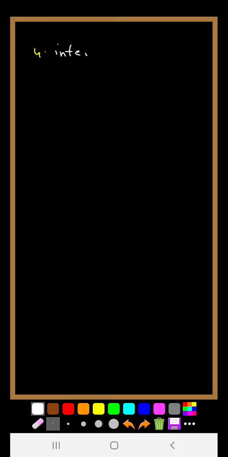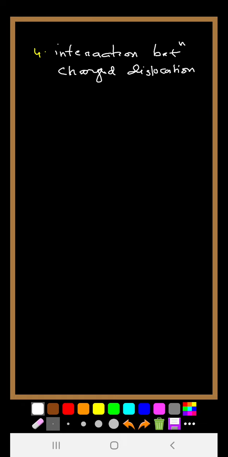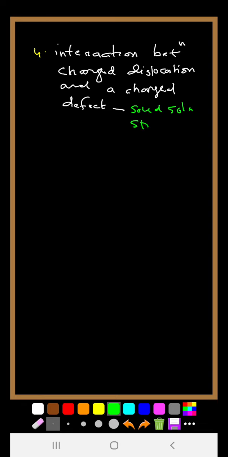So the interaction between a charged dislocation and a charged defect will lead to solid solution strengthening.